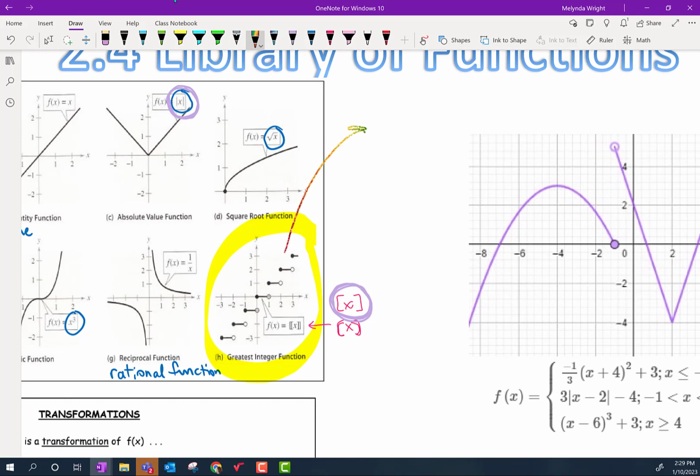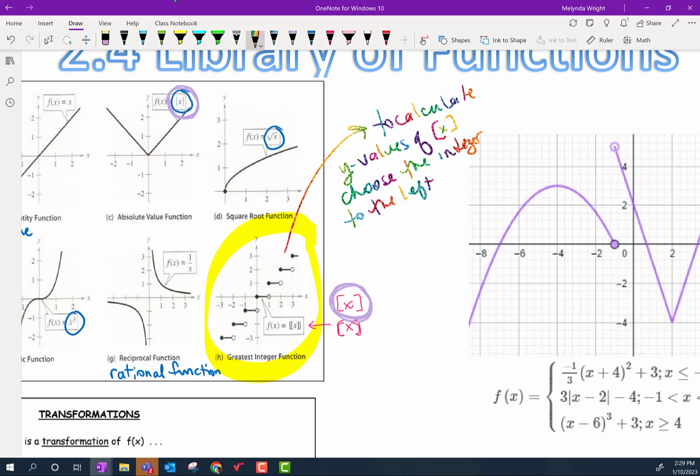To calculate values, so it's y values, to calculate y values of the greatest integer function, you would choose the integer to the left, or the smaller one.